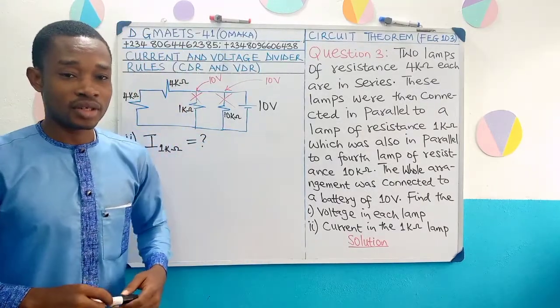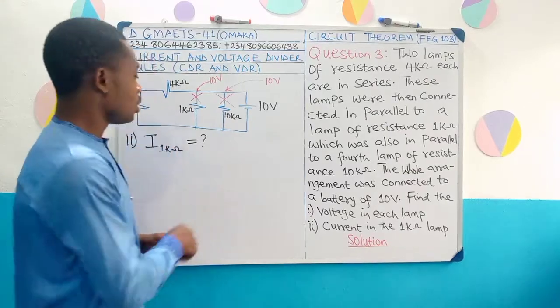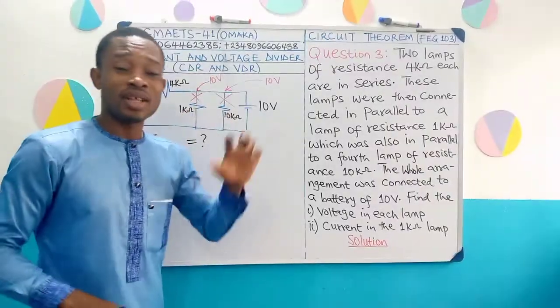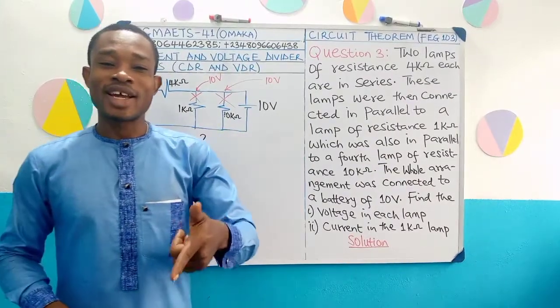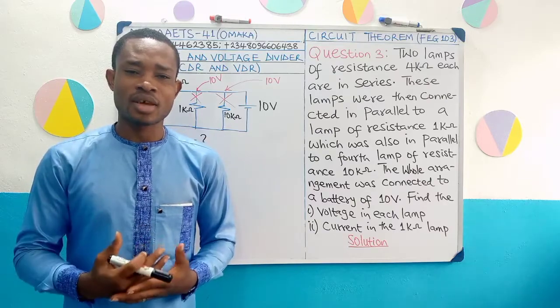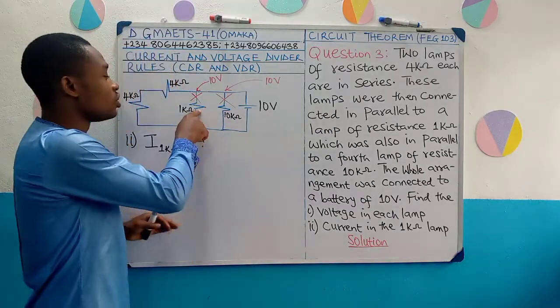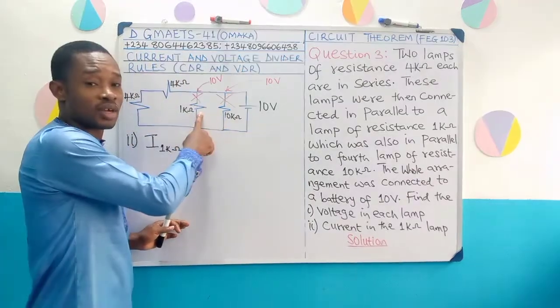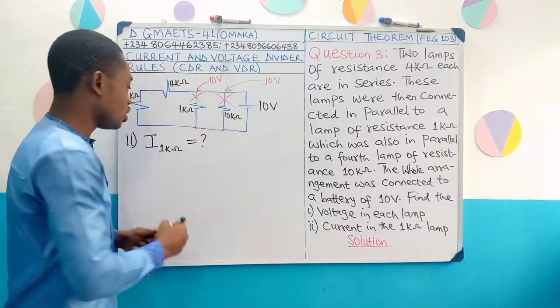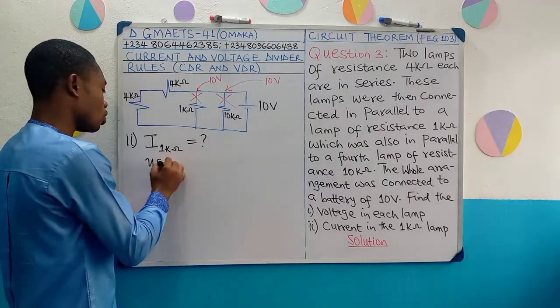Kilo is 10 raised to the power 3, that's 1000. So we have to determine the current in this 1 kilo ohm lamp. Recall that I told you I'm going to use Ohm's law to get this current because of course we already know the value of the resistance. Is that okay? And we know the voltage in it. So we can actually use Ohm's law to obtain the value.